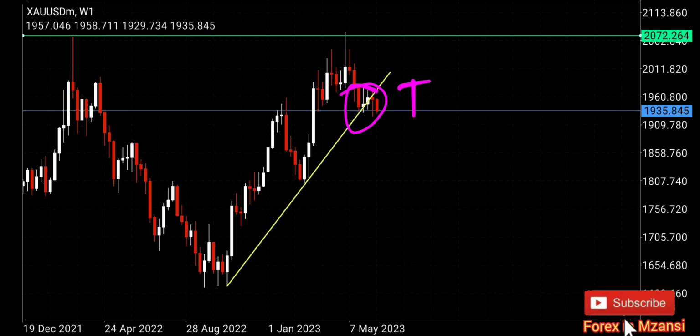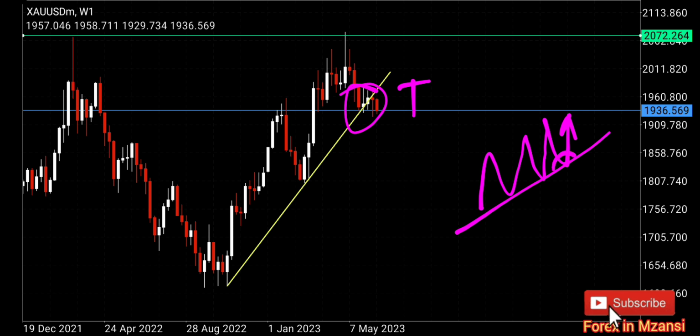Remember, a bullish trend line is a structure controlled by the bulls, so around that structure we expect the bulls to be the ones dictating and strong. That's why when the price is approaching a bullish trend line, we always anticipate a reversal, because we expect the bulls to be in charge there, directing the price back to the upside.